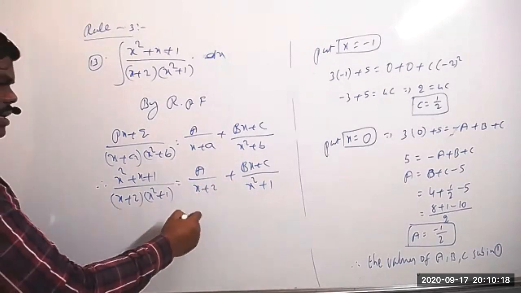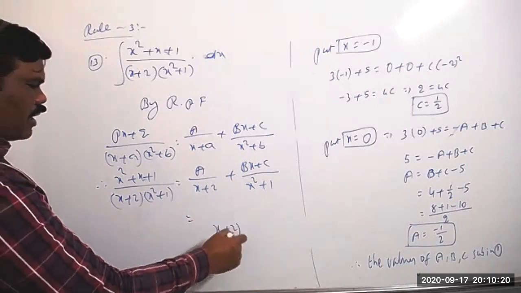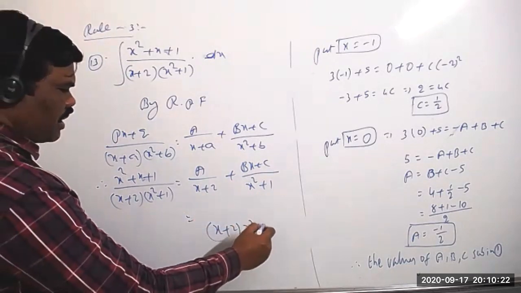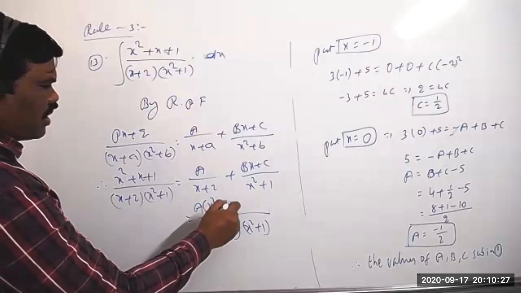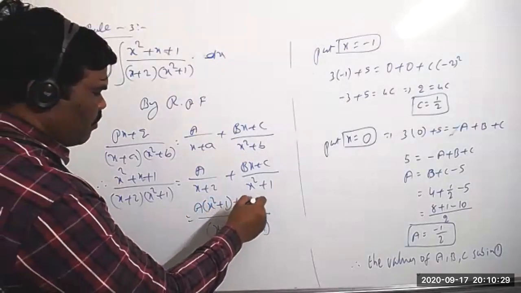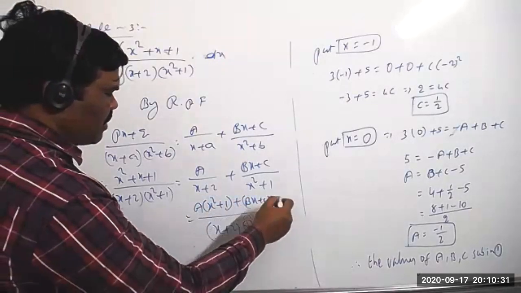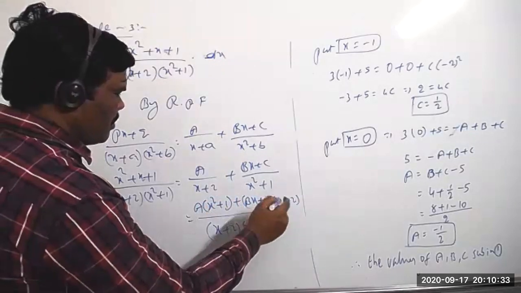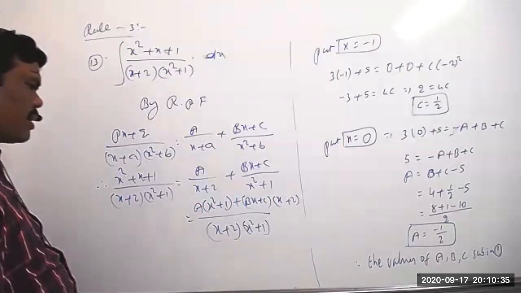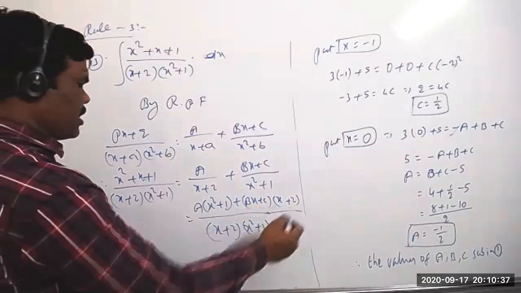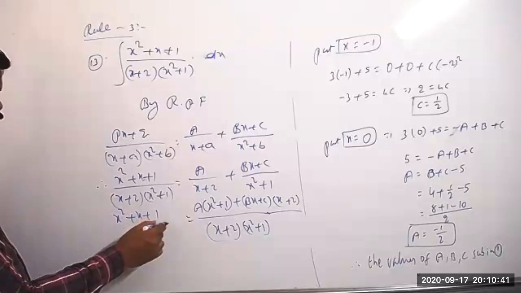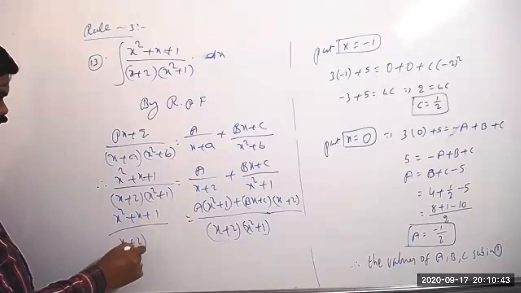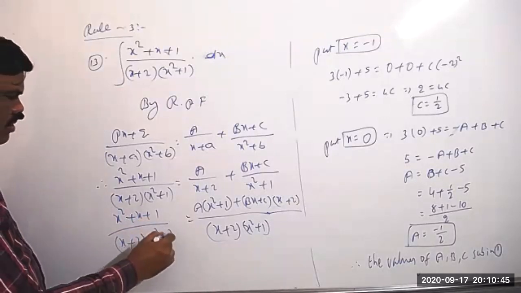So here also first you can take LCM. So x plus 2 into x square plus 1 is the LCM here. So clearly this is a into x square plus 1 plus bx plus c into x plus 2.